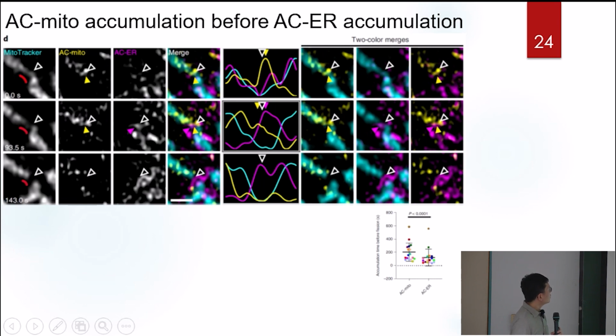Then the ACER signal increases, but you can still see the AC mito signal. And then at mitochondrial fission, the two signals disappear. So we still don't know how to explain why AC mito accumulates before ACER, and I think it's a great direction for further study.